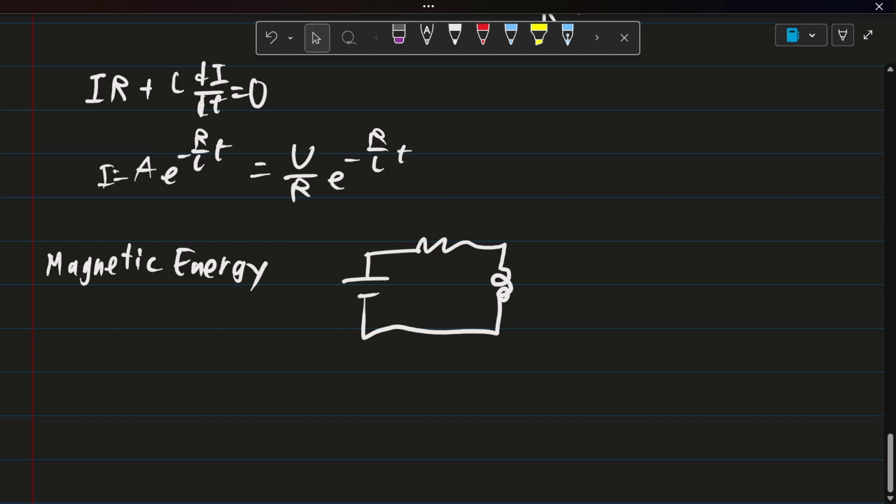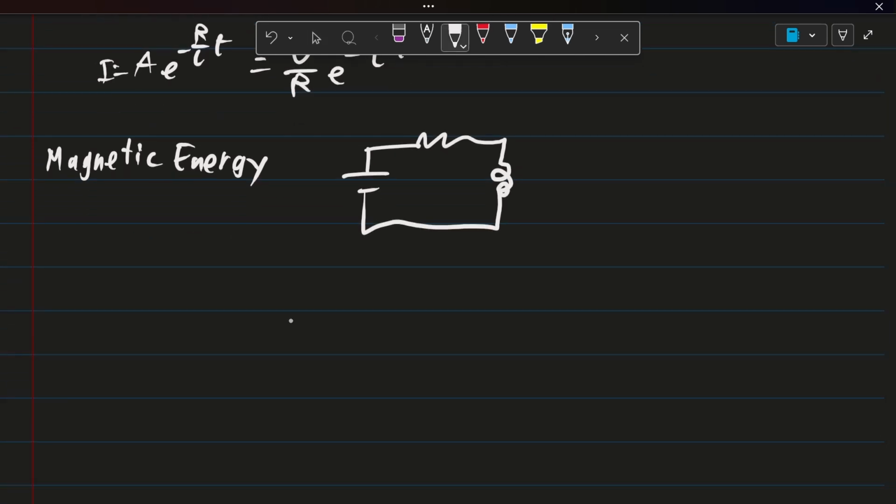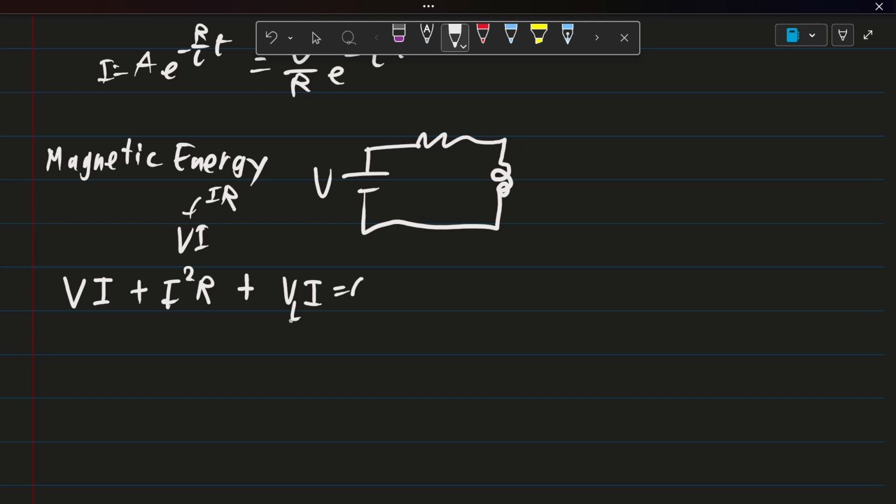So the first thing that I want to write is the power on each of the elements, and they all should add up to 0. So we got the V multiplied by I, this is the V of our source, plus the V times I of this guy, which is I squared R, that's the same thing, V times I, you can substitute this with IR, plus the energy in here, which I'll just denote as V times I first, V of the L times I. And this value should still be 0.